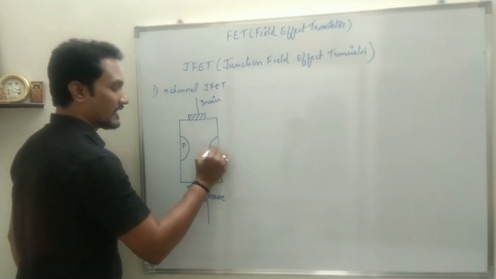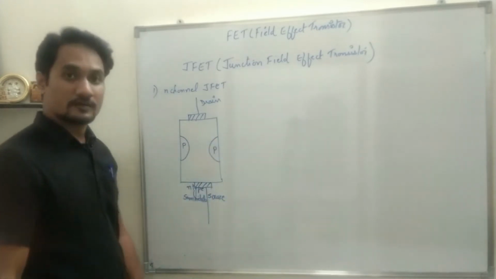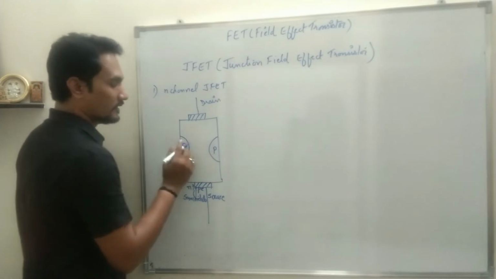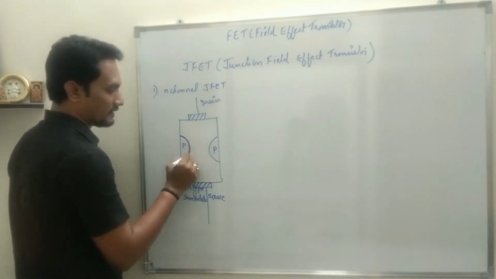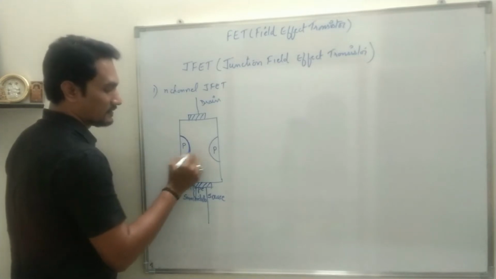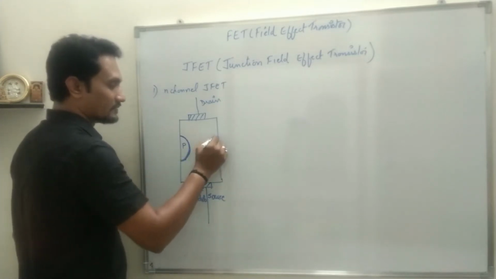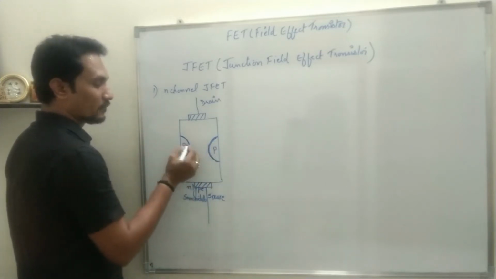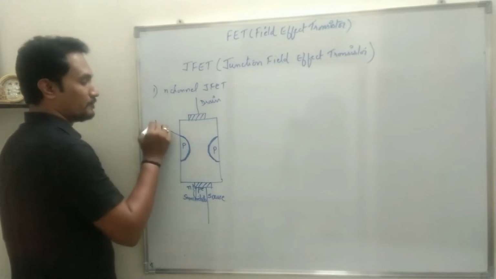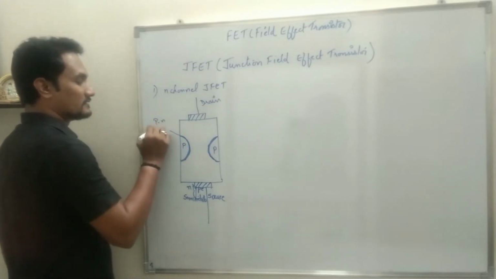On both sides of this N channel JFET we dope trivalent impurity to form a P type semiconductor. That means we have an n-type semiconductor in which we have doped trivalent impurity to get a p region. When you get the p region, this is a p-n junction.